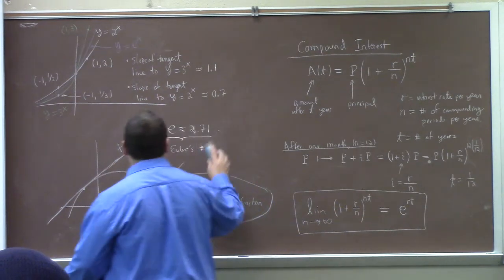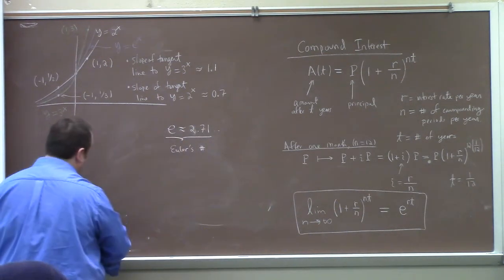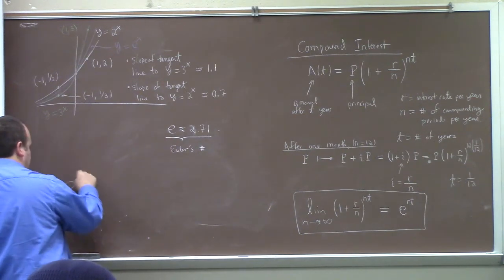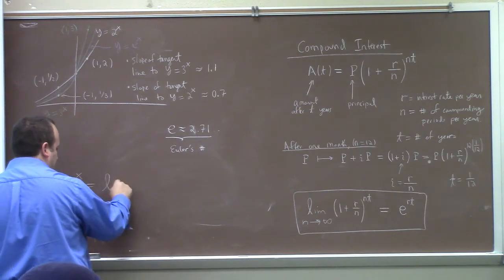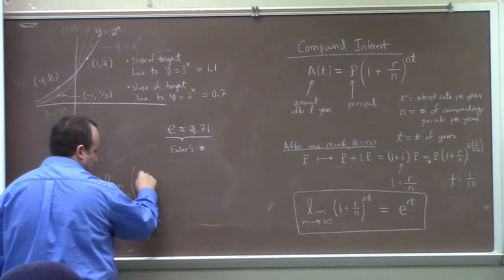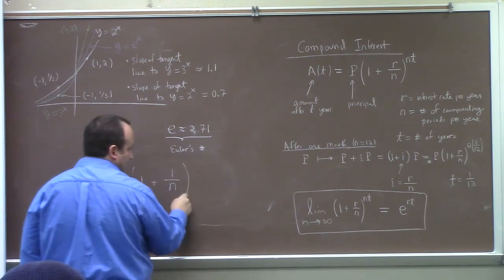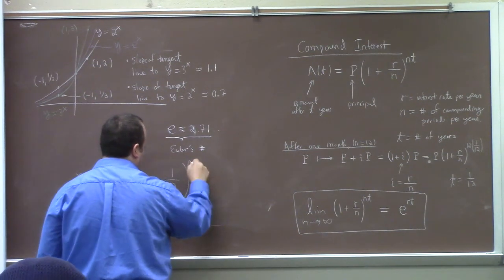Sometimes I really want another board in here. This is one of those times. But anyway, here you go. Another definition of the exponential function: it's the limit as n goes to infinity of 1 plus 1 over n, raised to the nx power.